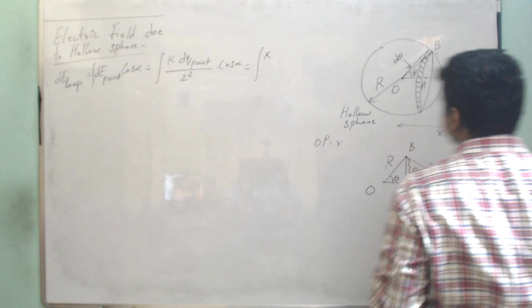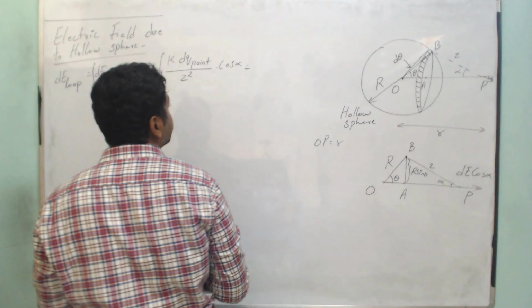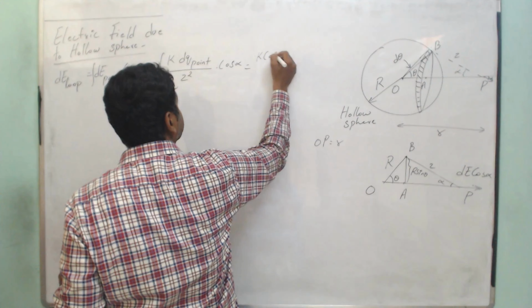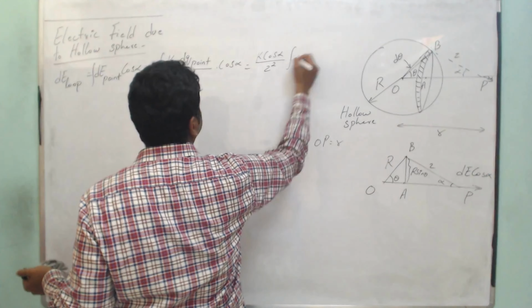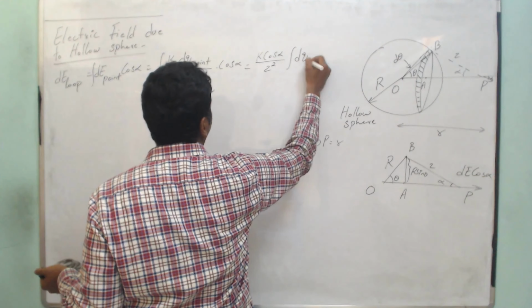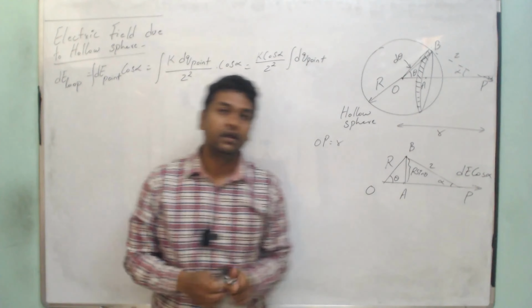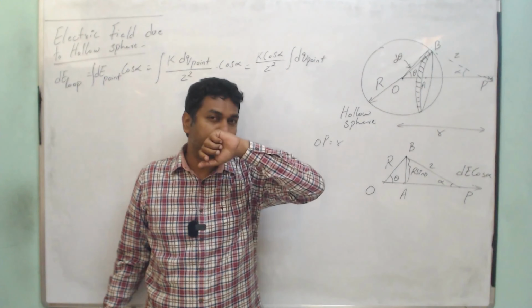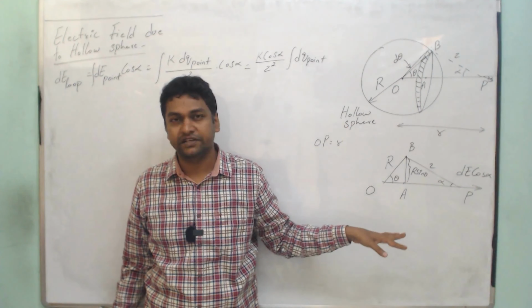Let me not integrate it first. Let me bring the constants out. For every point on the loop, k cos alpha and z square is the same. Simply I have the integral of dq of each point, and if you remember, the limits are 0 to q by 2, because diametrically opposite points are cancelling each other.